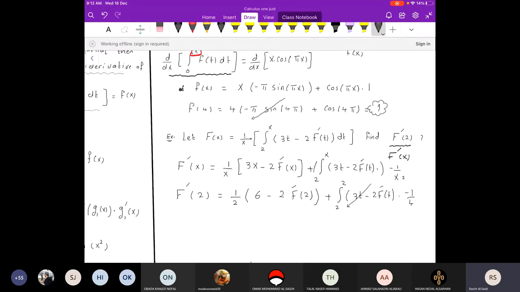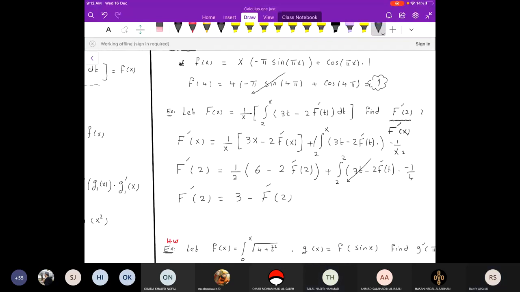Then we get 3 minus f prime of 2. Our aim is to find f prime of 2. So 2 f prime of 2 equals 3, so f prime of 2 equals 3 over 2.